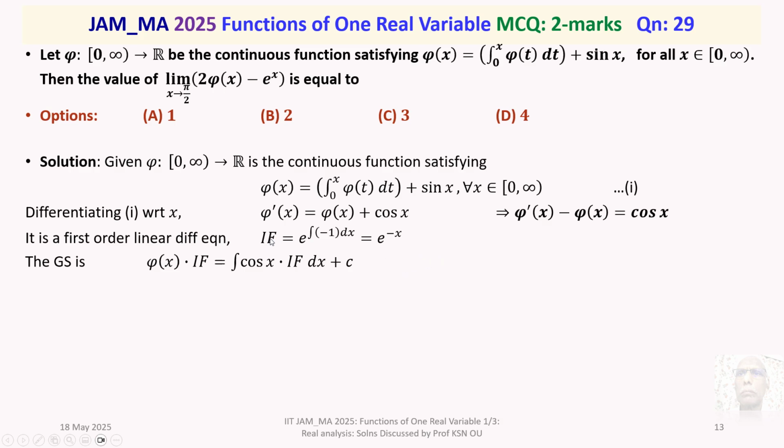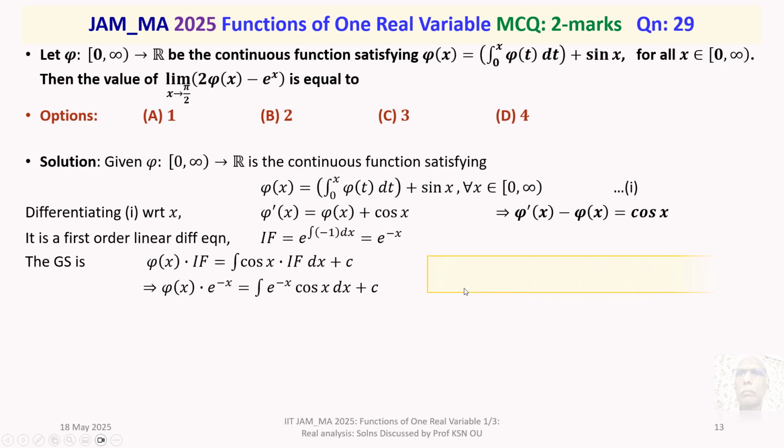Substitute for the integrating factor e power minus x. Phi of x into e power minus x is equal to integral e power minus x into cos x dx plus c. And this is a standard integral, integral e to the power minus x cos x dx.